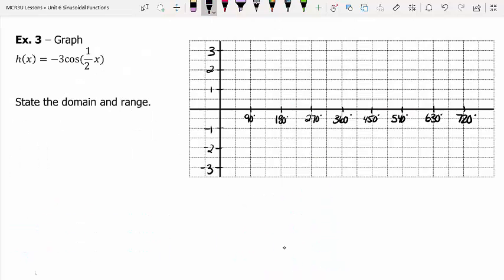Okay, example 3. Graph h of x equals negative 3 cos 1/2 x. So we have 3 transformations here. We have a vertical stretch of 3 because our A value is 3. We also have a reflection on the x-axis because our A value is negative.